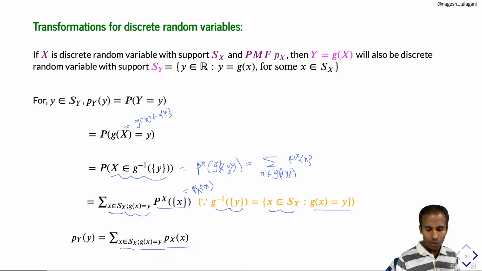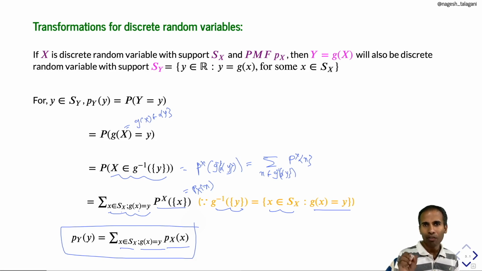So this is how we can find the PMF of y in terms of the PMF of x. Further, if G is 1-1, then G inverse singleton y will again be a singleton. That means there will be only one x, which is the preimage of y under G. That single preimage can be denoted by G inverse of y.